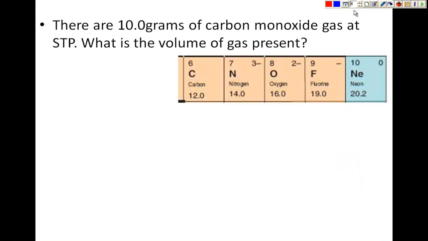So let's get into a little bit of a harder question now. Here's one right here. It says there are 10 grams of carbon monoxide gas at STP. What is the volume of gas present? Okay, so first thing is that we have to find the molar mass of carbon monoxide.